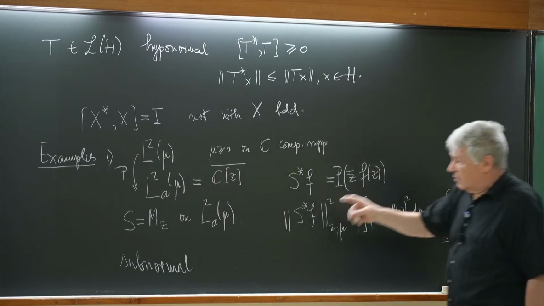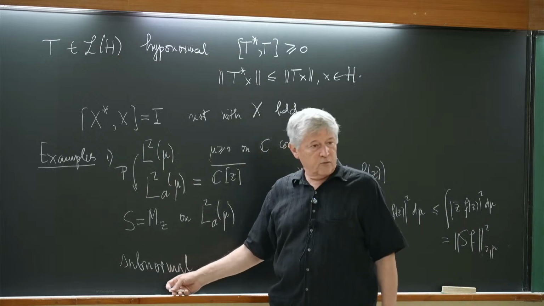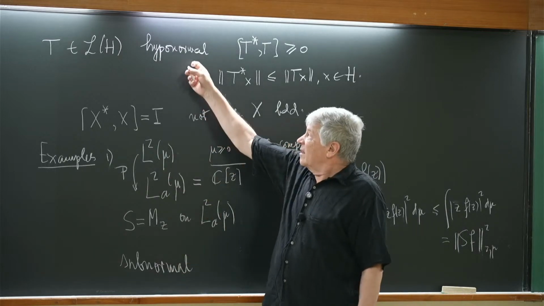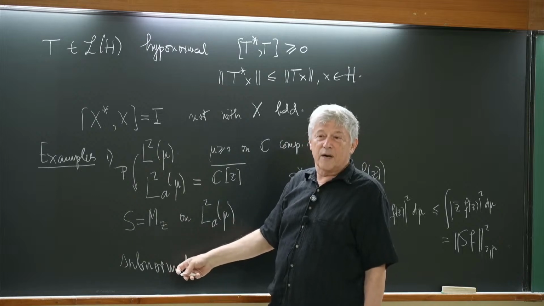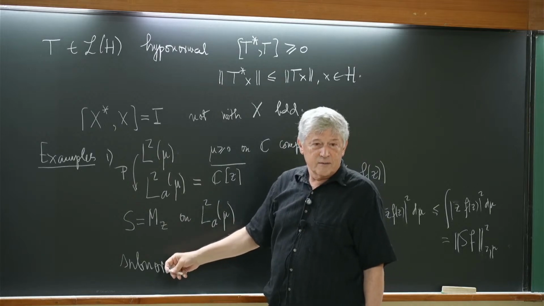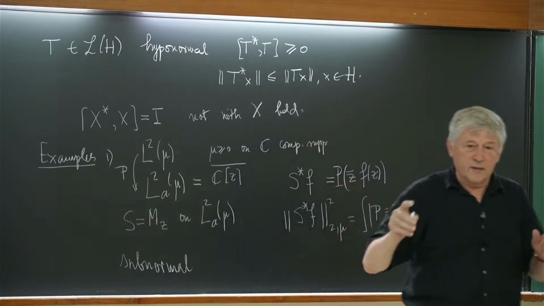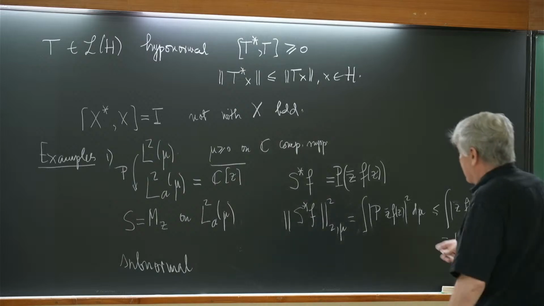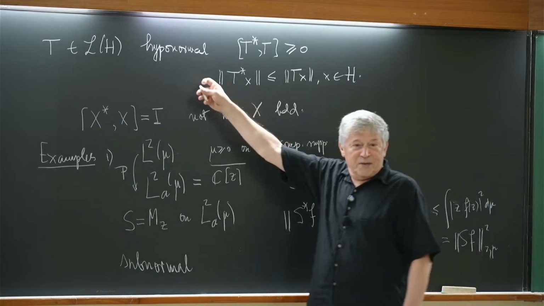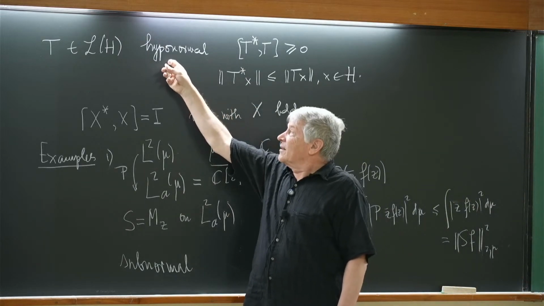So you see, all this goes back to Paul Halmos. Hyponormal, subnormal, so we depart from normality here. Everywhere, in politics, in mathematics. And this is quite relevant.